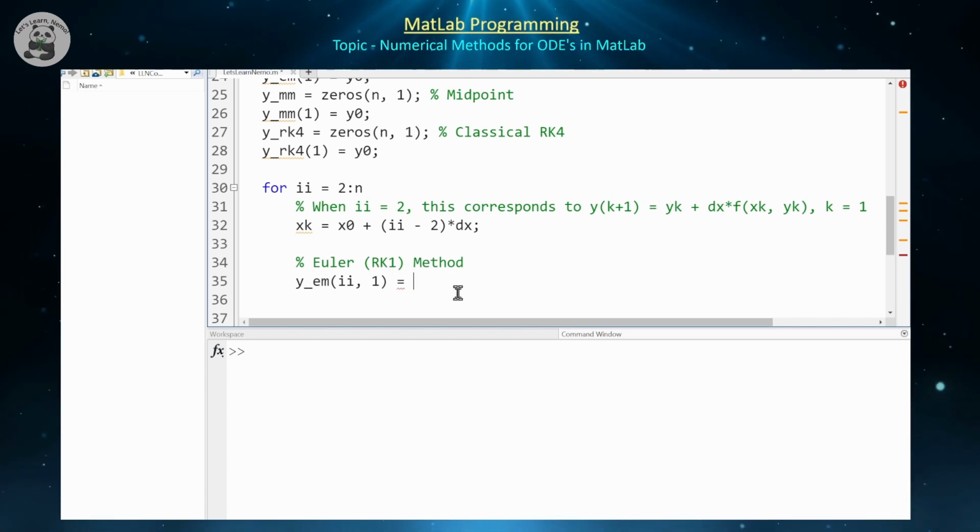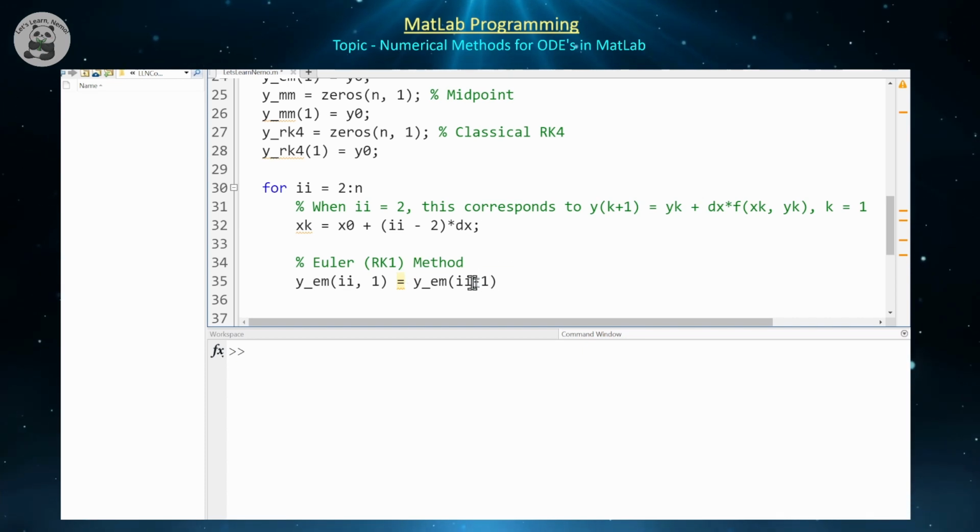So in some sense, there's a shift of our notation and our implementation because MATLAB starts all our indices at 1 compared to C++, which starts at 0. So in C++, this would make a little bit more parallel sense in terms of the coding. So what we have here is going to be equal to YEM(II minus 1) because this is starting at 2.